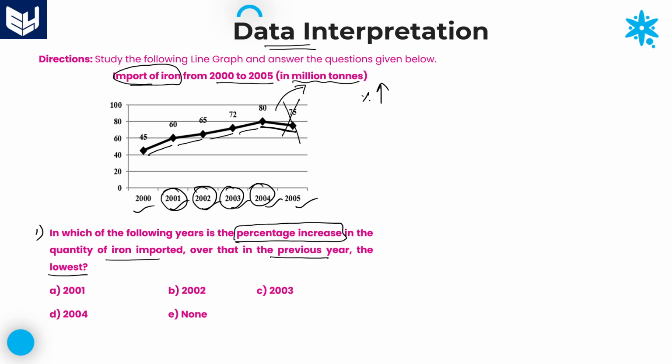So there is no need to check this year. You need to check only 2001, 2002, 2003 and 2004 percentage increments.